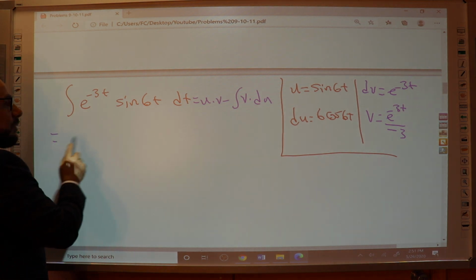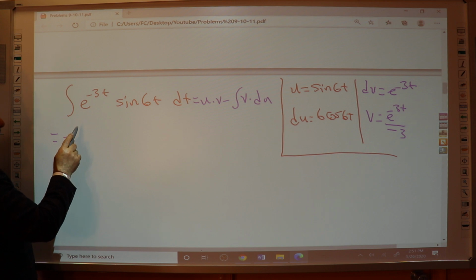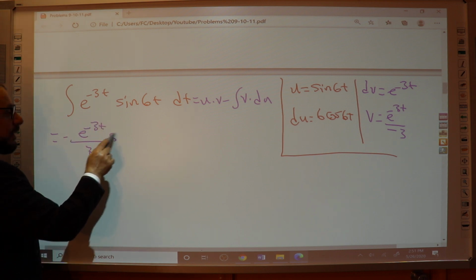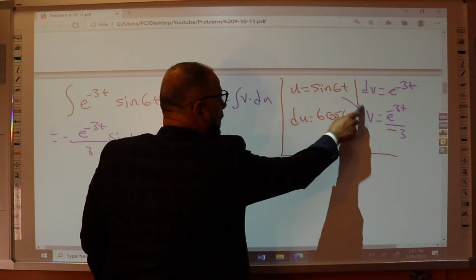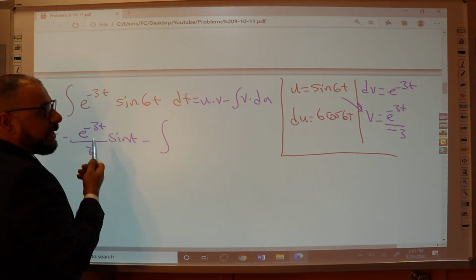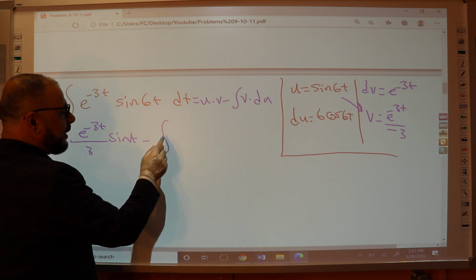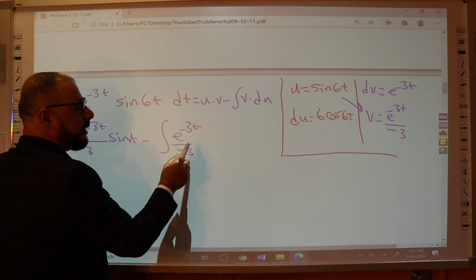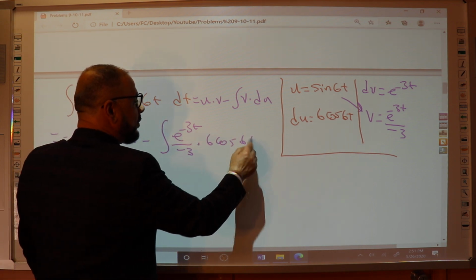Now this equals uv. Negative, cross multiply there, right, guys? e to the negative 3t over 3 sine 6t, I'm multiplying uv, right? Minus integral of v du. What's v du? v, which is negative, I'm going to leave it inside, negative 3t over negative 3, du 6 cosine 6t.